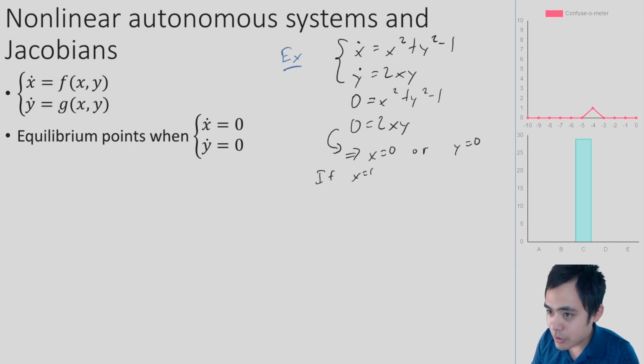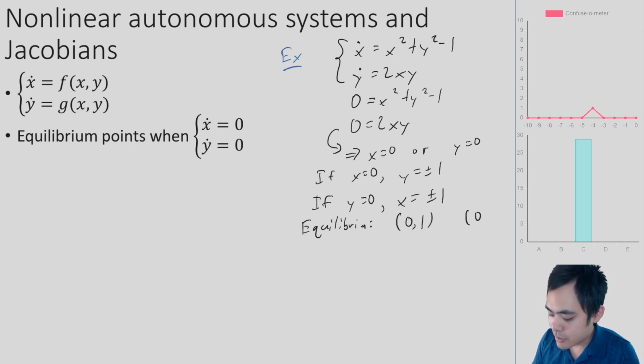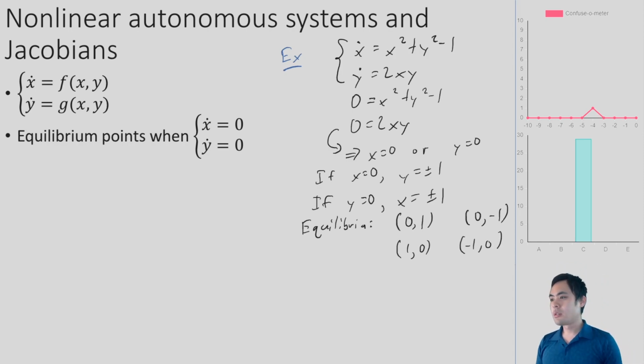If x is equal to 0, then we plug that back into the first equation and get y is equal to plus or minus 1. And if y is equal to 0, then x is equal to plus or minus 1. And so therefore you get 4 equilibria, which are the points (0, 1), (0, -1), (1, 0), and (-1, 0). Does that make sense to everyone?